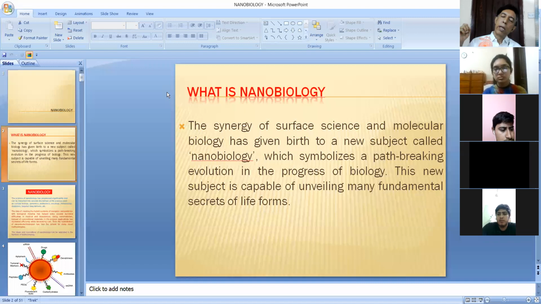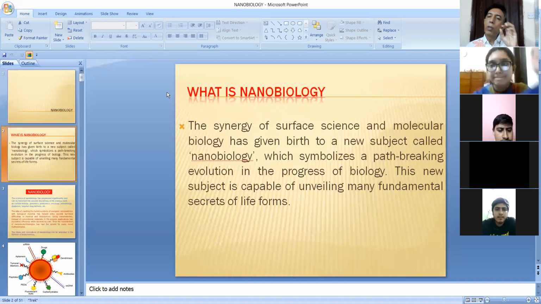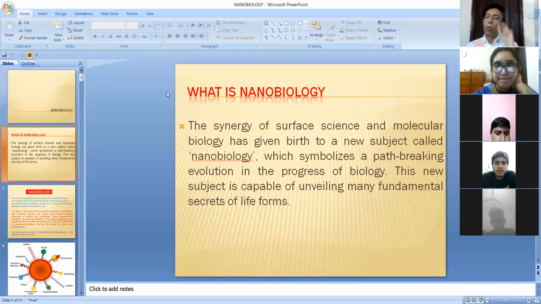All are the small things that are working in our body. So scientists want to see how these nanomaterials are working in our body. You see, a DNA is very small. Now, what is nanomaterial? Nanomaterial does not mean one molecule or one atom.